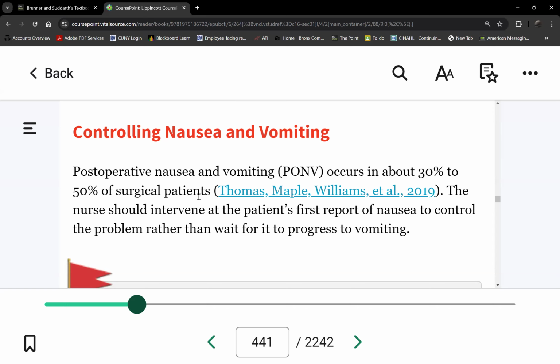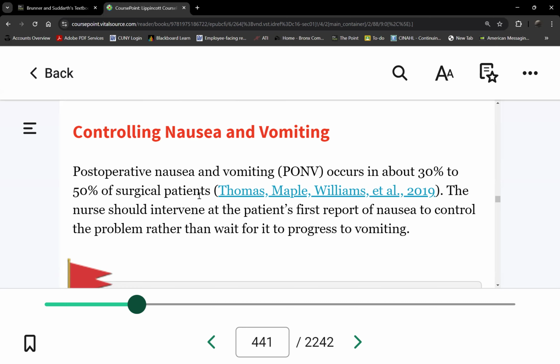Post-op nausea vomiting, this is a consequence of not only the surgical procedure, because even if the patient didn't have an abdominal surgery, I mean, this is understandable if the patient had an abdominal procedure. However, if the patient had some joint procedure or any other anatomical site besides the abdominal cavity, the patient will still have post-op nausea vomiting.